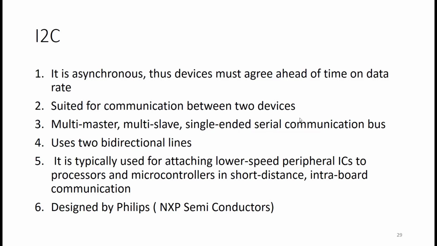The advantage here is that the master can send data to any peripheral it requires with only the same two lines, one for data and the other a clock signal. But the disadvantage is that the master can talk to only one slave at a time, not more than that.